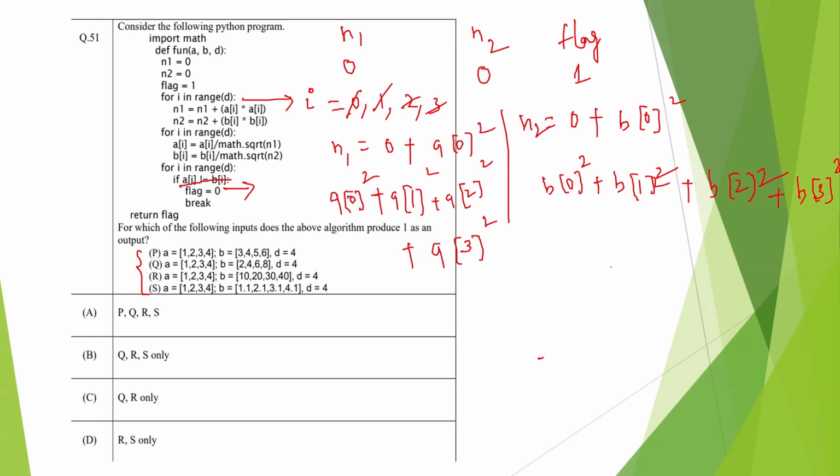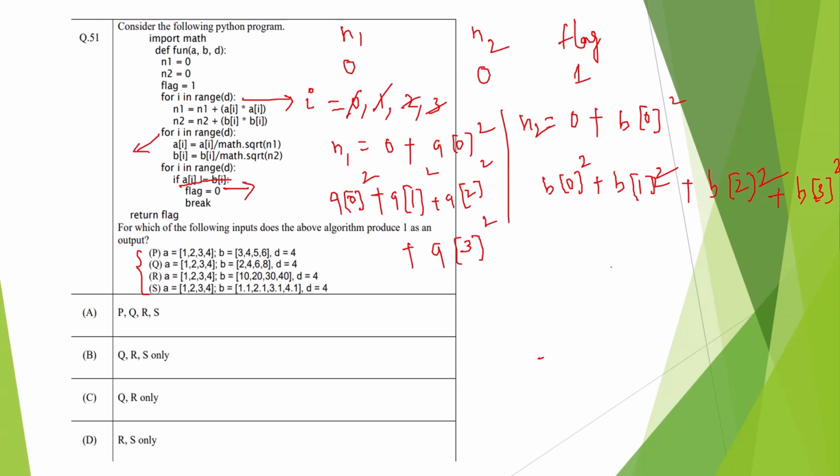We don't know what value is at A of 0, A of 1, A of 2, A of 3, but we know one thing: whatever value we get at A of 0, we have to square that. So in this for loop, N1 is A of 0 square plus A of 1 square plus A of 2 square plus A of 3 square. And for N2, B of 0 square plus B of 1 square plus B of 2 square plus B of 3 square. And flag we have 1 only.